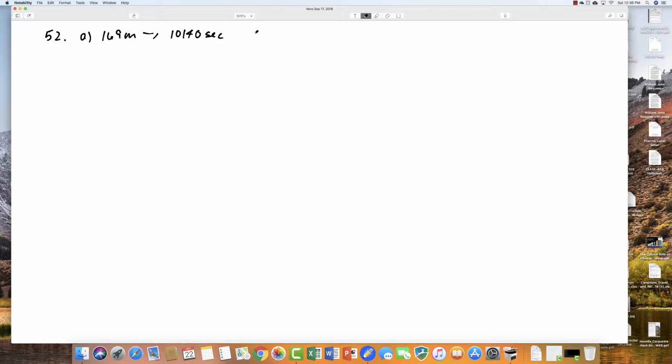And the displacement is going to equal his average velocity, which was 3.53, times 10,140 seconds. So you end up with 3.58 times 10 to the fourth meters. And in order to make that a displacement, you just have to put in the direction, which is 45 degrees south of east.